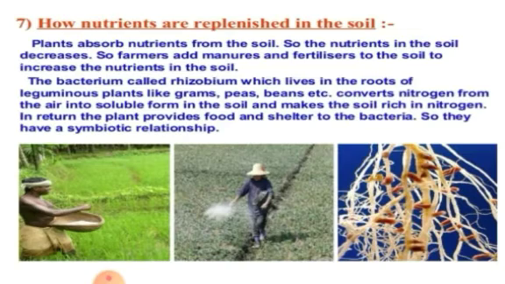Protein mainly contains nitrogen. So plants prepare not only carbohydrates, they prepare proteins also. So this bacterium converts that nitrogen into soluble form and provides it to the plant. In return, the plant provides food and shelter to the bacteria. So they have a symbiotic relationship.